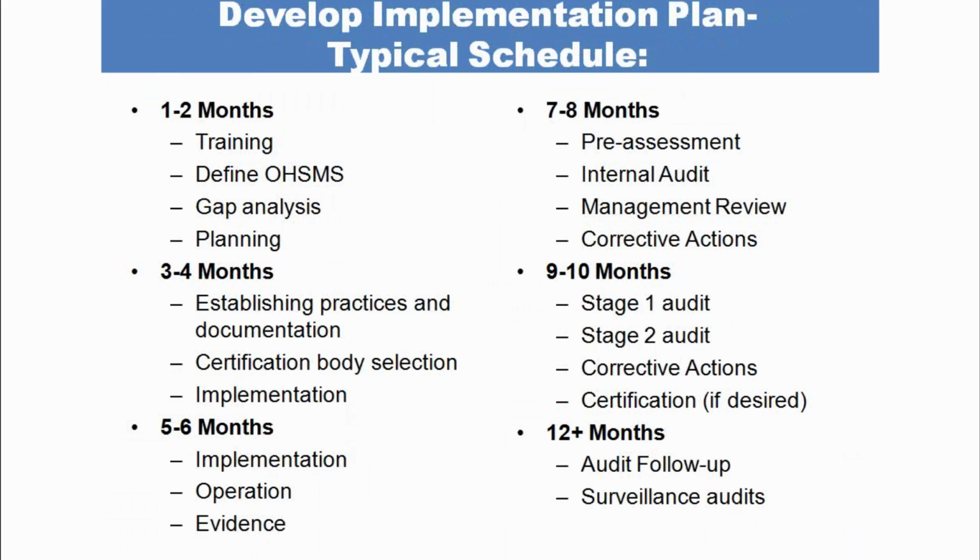So in 7 to 8 months, when you are ready for your pre-assessment audits, internal auditors within the company can now come into play and then pass the results of the audits to the management, who will review and implement corrective actions. And all of this is documented. There has to be objective evidence that every non-conformity, there is a root cause analysis. There has to be objective evidence that for every non-conformity, corrective and preventive actions have been implemented.